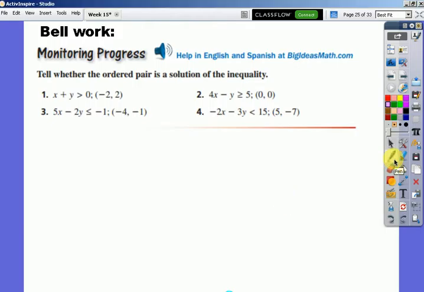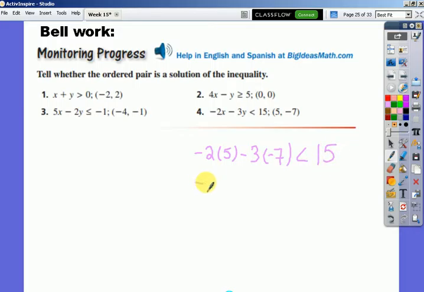I'm going to take 5 and negative 7, and I'm going to plug that in for x and y respectively. Negative 2 times 5 minus 3 times negative 7. I'm going to evaluate or determine whether or not that is less than 15.